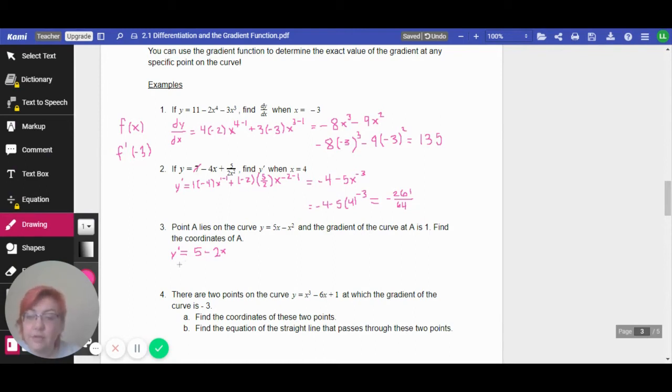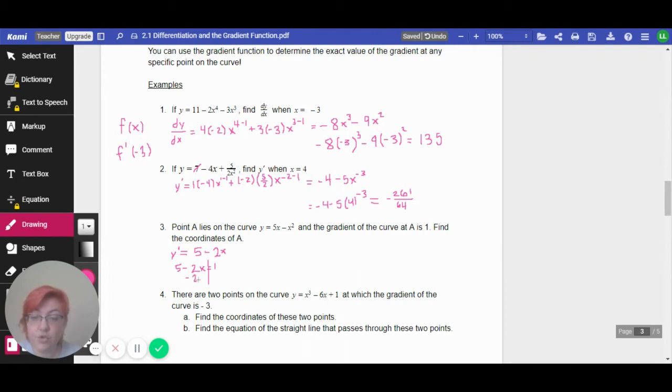5 minus 2x equals 1. I'm now going to subtract 5 from both sides.